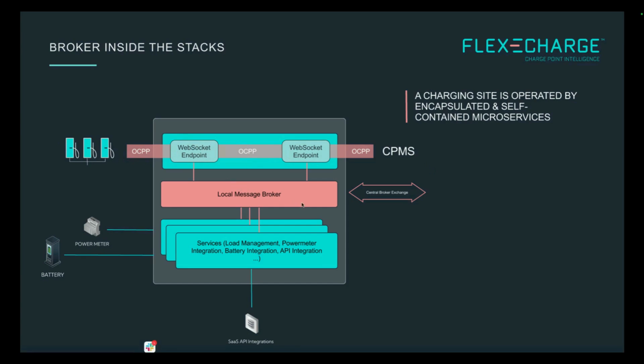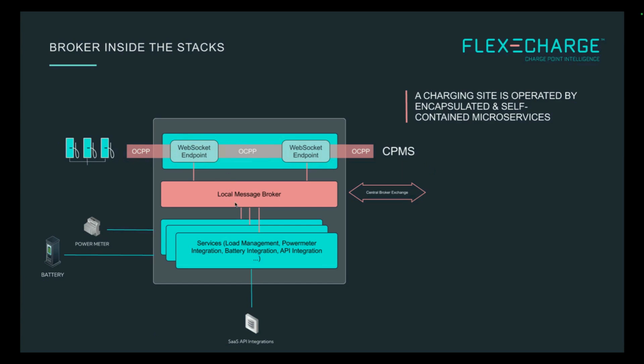Now, a central element of the microservice stack to operate a site is the local message broker. So these WebSocket endpoints see the OCPP data stream from the charger and from the CPMS, and can provide information about this OCPP message, so the message contents, to the local message broker.